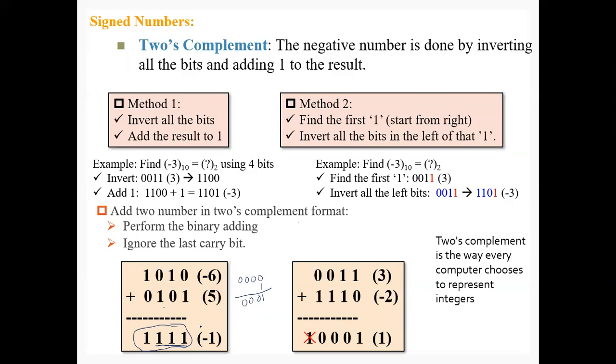With this conversion, I know this guy is 1, and obviously this represents negative because the first one is 1. Guys, make sense?